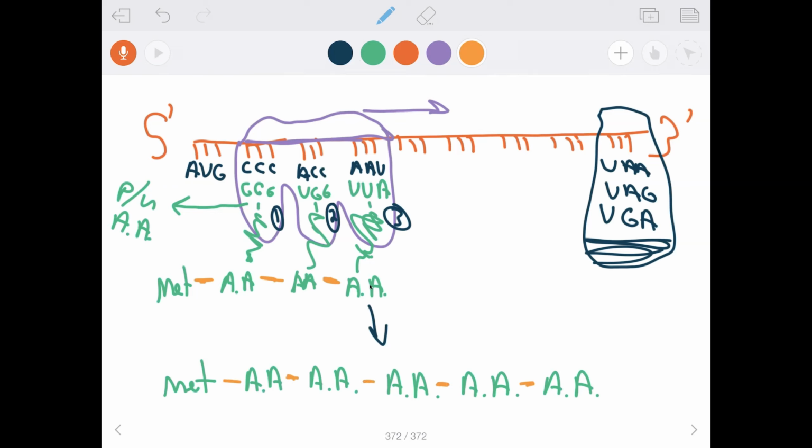Covalent bonds between them. This is your product. And this is the primary protein structure, where it's just a chain of amino acids. This is the primary protein structure.